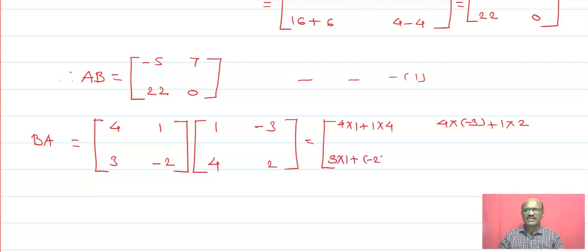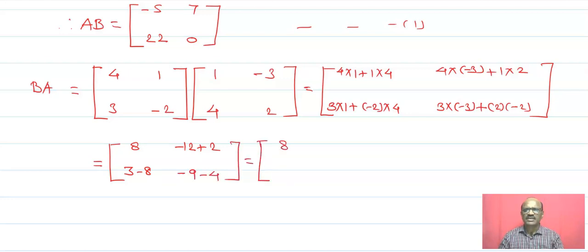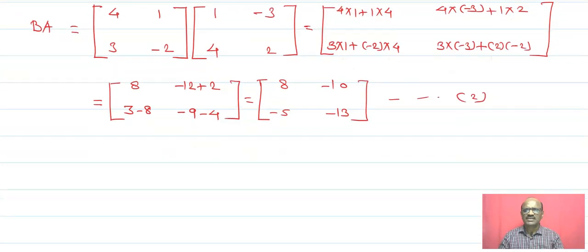Next, second row, first column: 3 into 1 plus minus 2 into 4. Second row, second column: 3 into minus 3 plus minus 2 into 2. And therefore 4 plus 4 is 8, minus 12 plus 2 is minus 10, 3 minus 8 is minus 5, minus 9 minus 4 is minus 13, and this is the second.